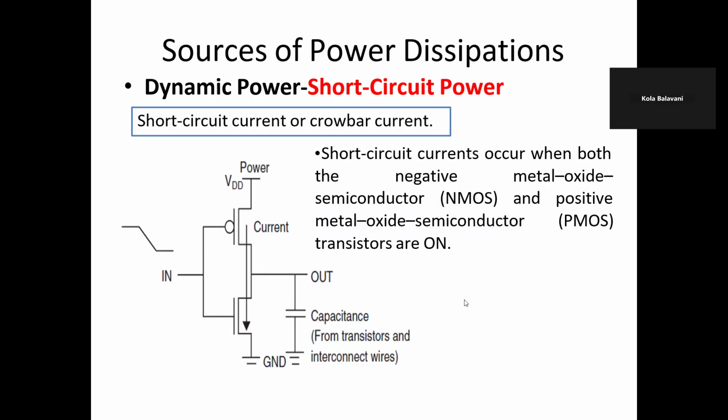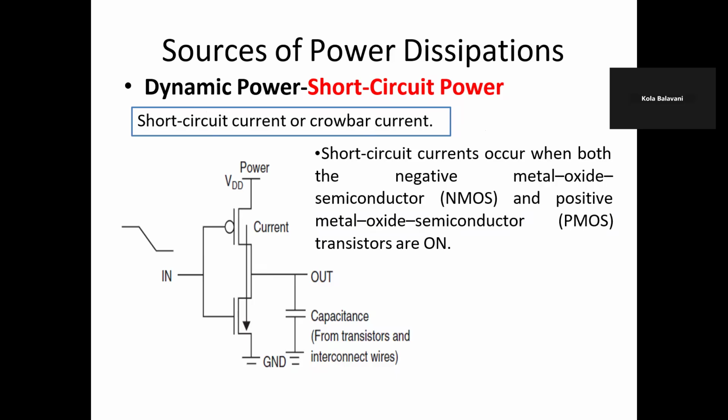In the previous session we discussed one type of dynamic power dissipation, that is switching power dissipation. Now we are discussing another type in dynamic power dissipation, that is short circuit power dissipation.